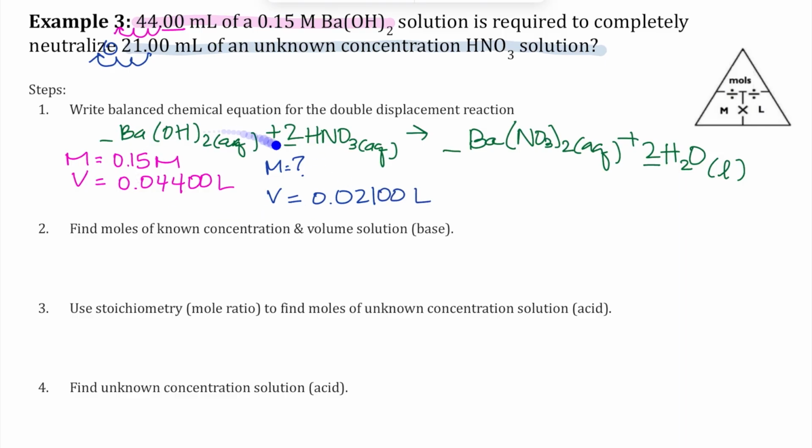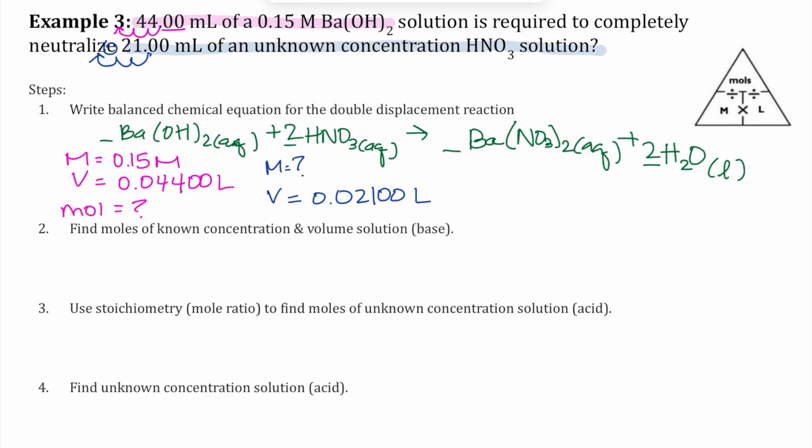So this is the information I'm given. I'm trying to find this molarity. How can we go about doing that? Well, we know that to get between chemicals in a stoichiometry or with a balanced chemical reaction, we need to know how many moles of each we have.